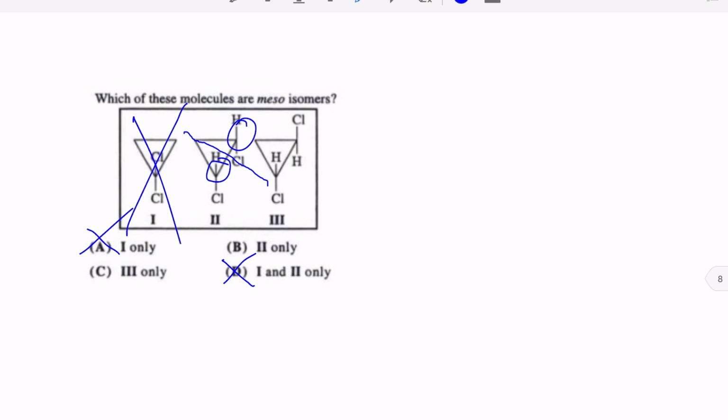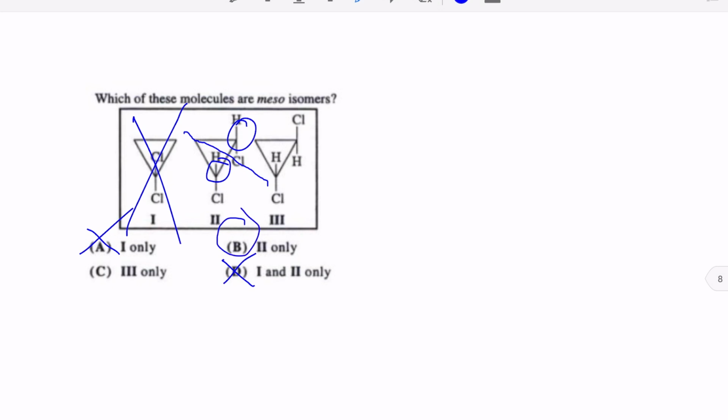So we see that on both ends of this mirror plane, the molecule is symmetric. So this immediately tells us that this molecule is achiral, and therefore the Meso-Isomer, even if it has 2 stereocenters, the molecule is still achiral, which makes it a Meso-Isomer. So B would be our final answer.